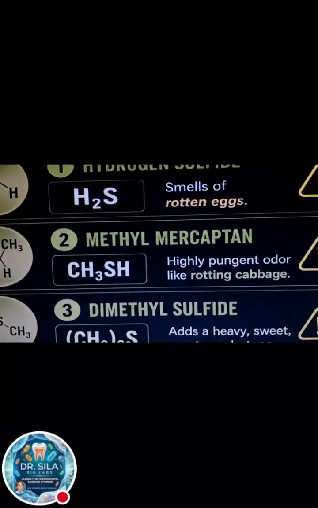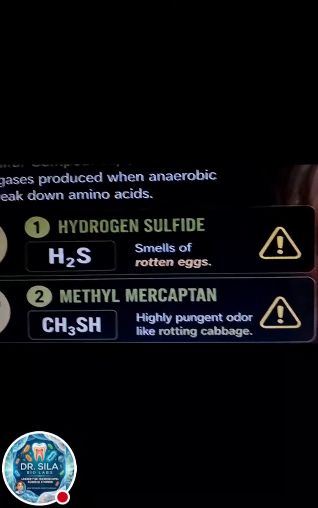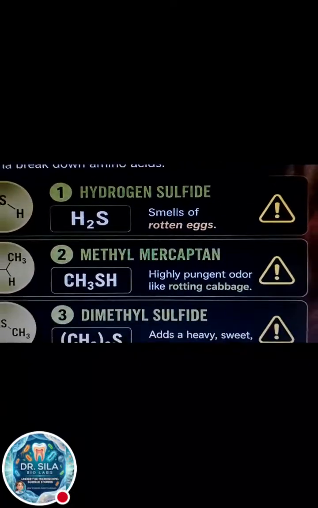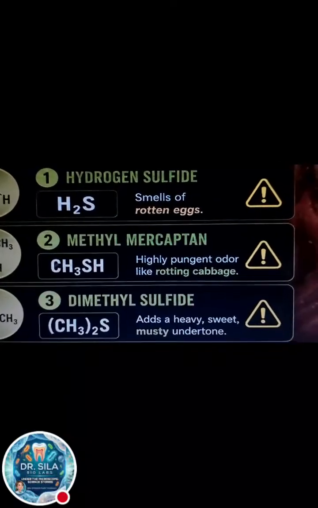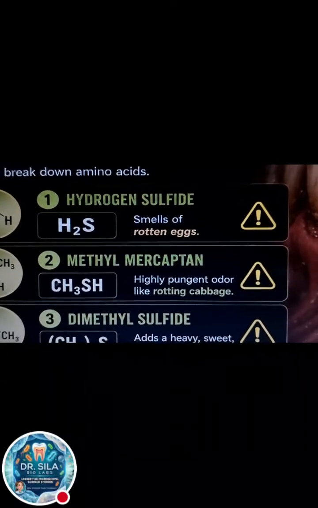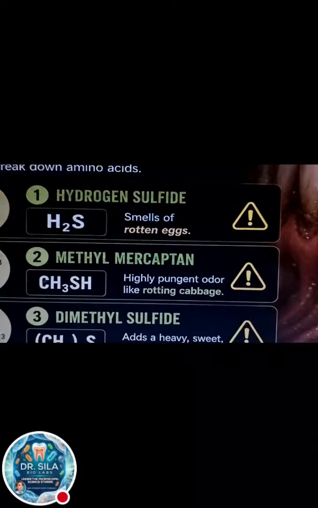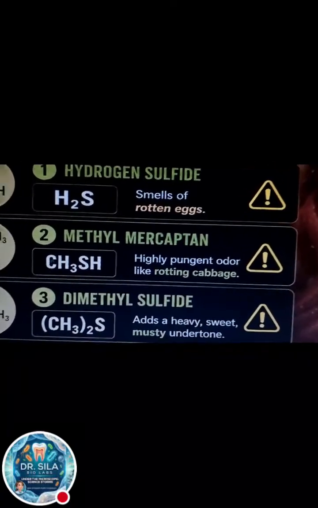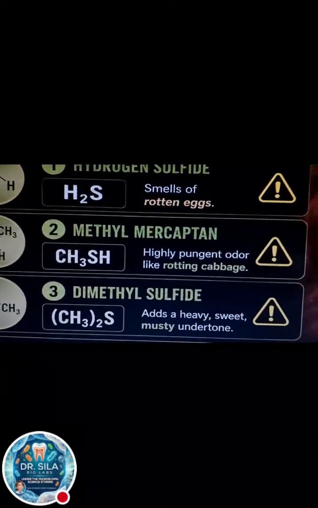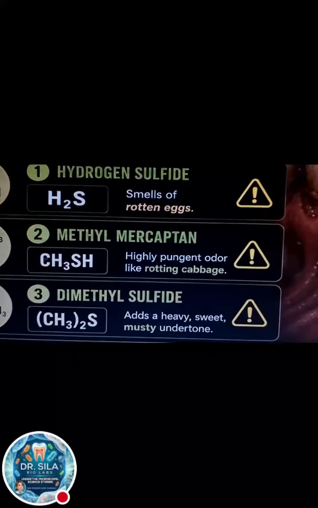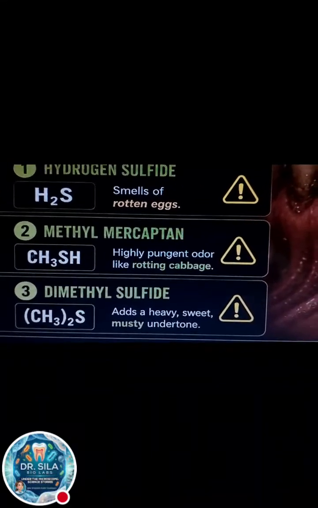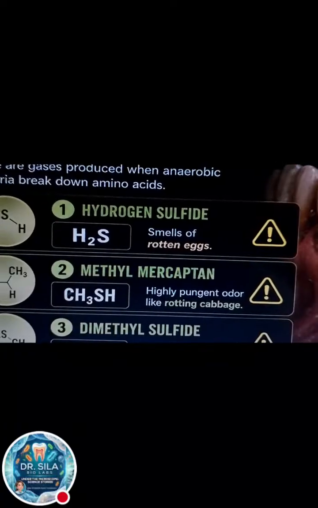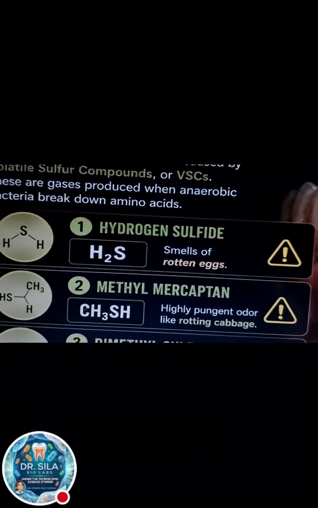Hydrogen sulfide smells like rotten eggs. Methyl mercaptan has a pungent odor, like rotten cabbage. Oh, yuck. And then dimethyl sulfide adds a sweet, heavy, musty undertone. That leads to bad breath.